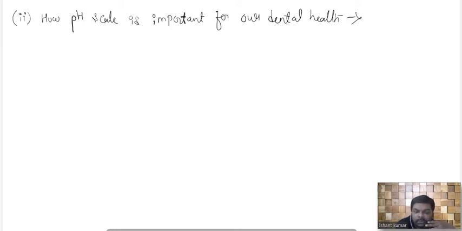Our dental health means we are talking about our teeth. We have 32 teeth. And what is the structure of our teeth?